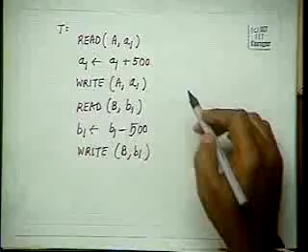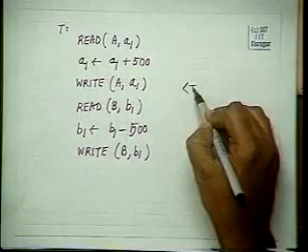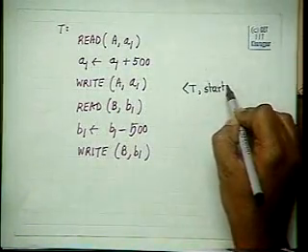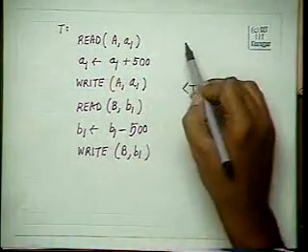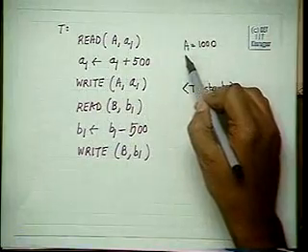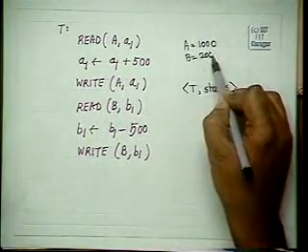For example, corresponding to this, at some point of time in the log you will have T starts. Let us assume initially A is 1000 and B is 2000.